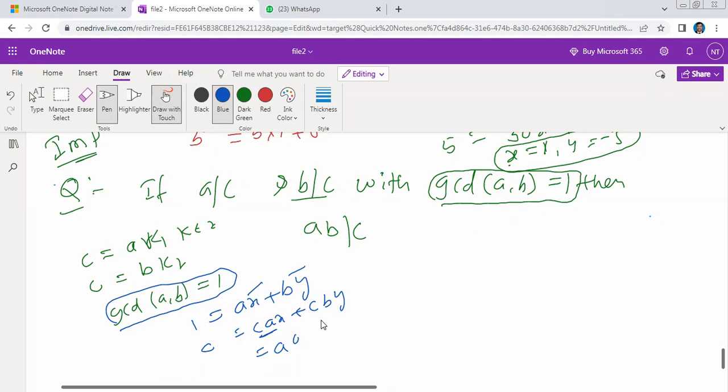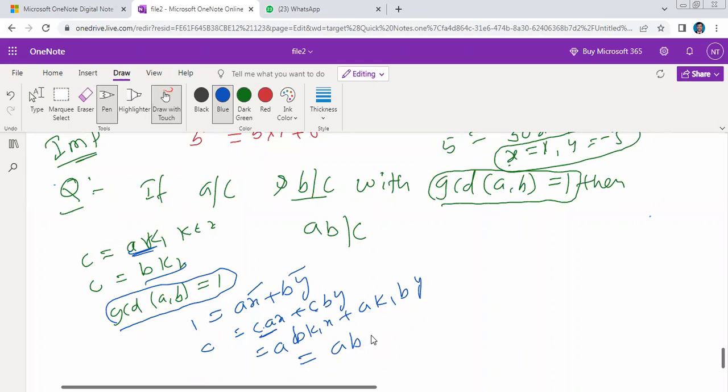Am I right? A divides C, B divides C. A divides C, so C is equal to A into K1, and B divides C, so C is equal to B into K2. Now A into C is equal to B K1 x plus, on the C side, I am writing this for C. B is already there, and here Y is there. Therefore, what can we take common?